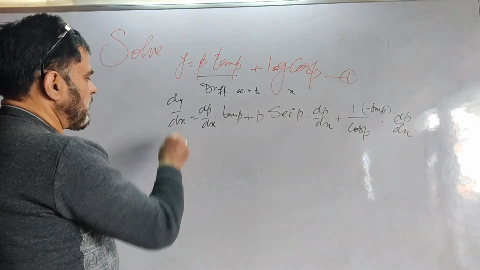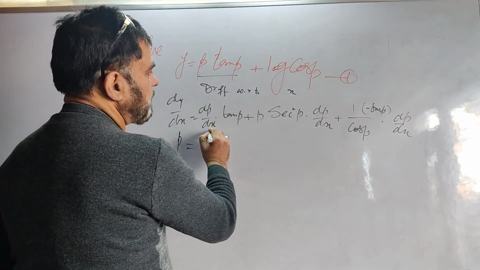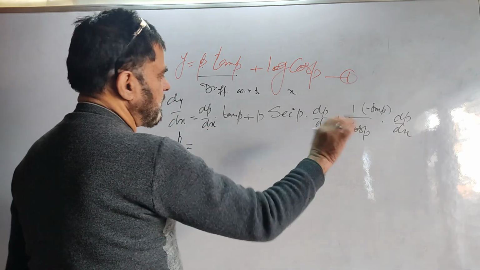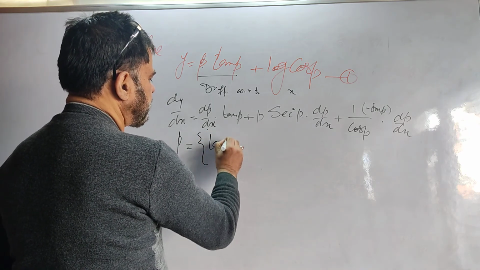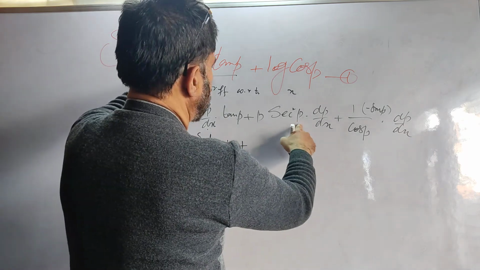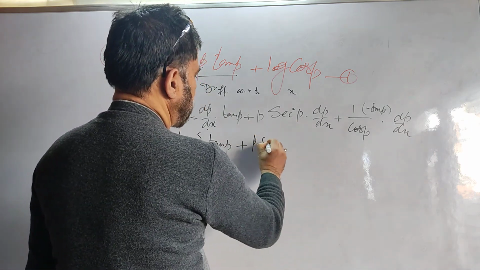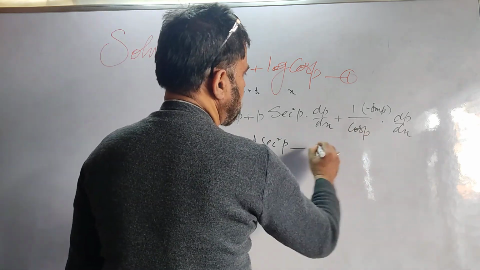Let us write, this is your p as usual. Let me take dp by dx common, since we have dp by dx everywhere. It is tan p, then p sec square p, then minus sin p by cos p, which is tan p.